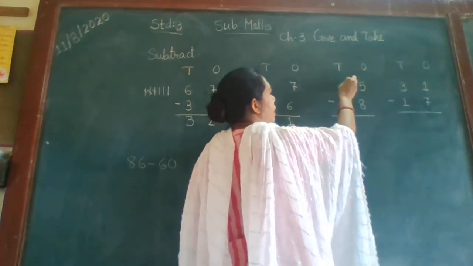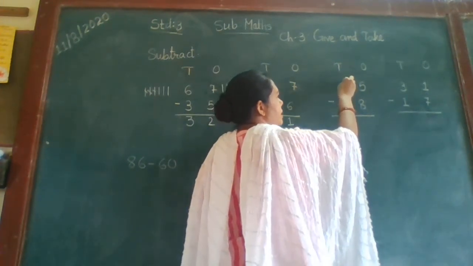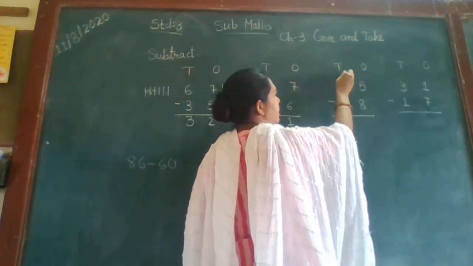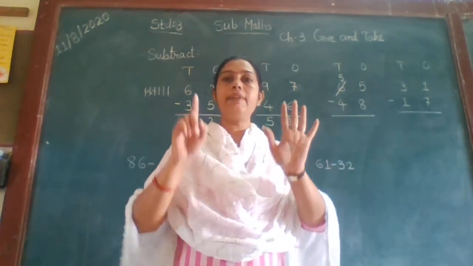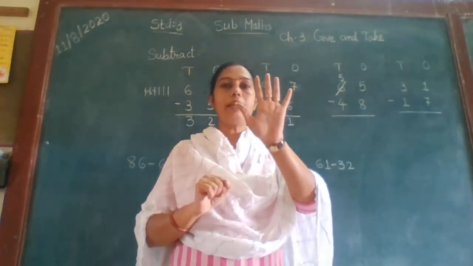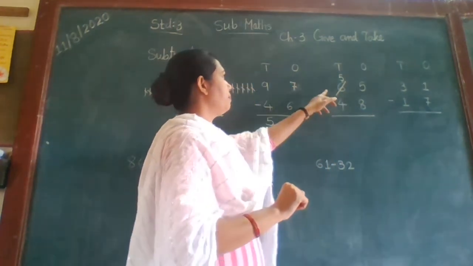So we take 1 ten from 6. How many tens remain here? 5. It has 6 tens and we take 1, so 5 remain.